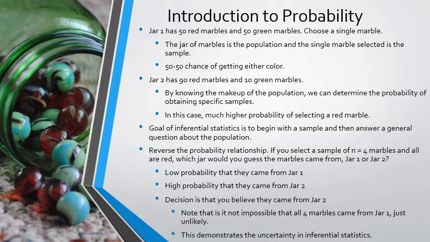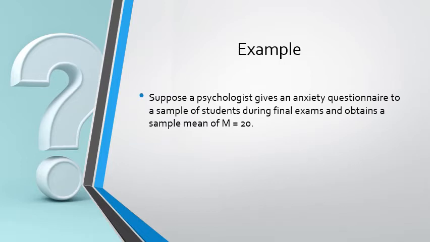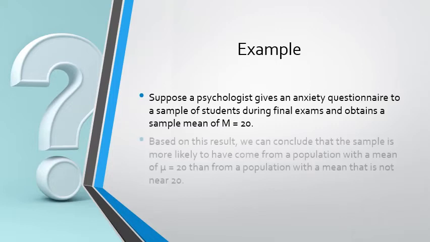So this demonstrates the uncertainty that we have in inferential statistics, but they're our best guess for what is happening in a population using a sample. So here's an example. Suppose a psychologist gives an anxiety questionnaire to a sample of students during final exams and obtains a sample mean of 20.